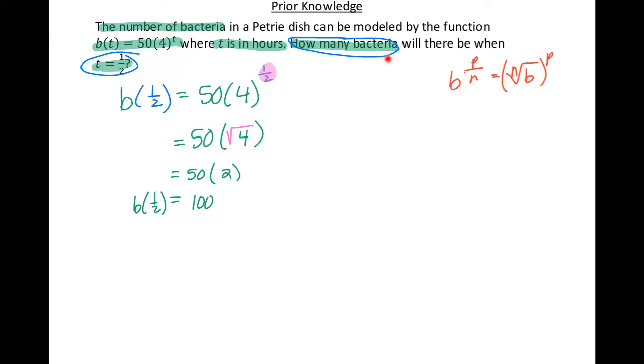How much bacteria we have when t is 1/2. Good. So there would be 100 bacteria when t is equal to 1/2.